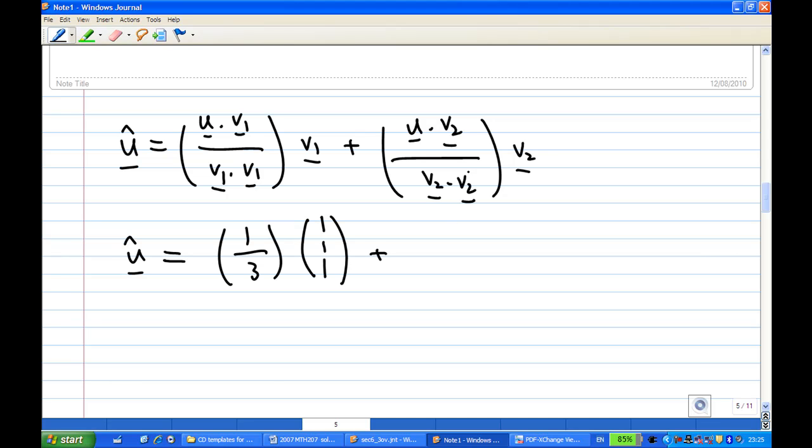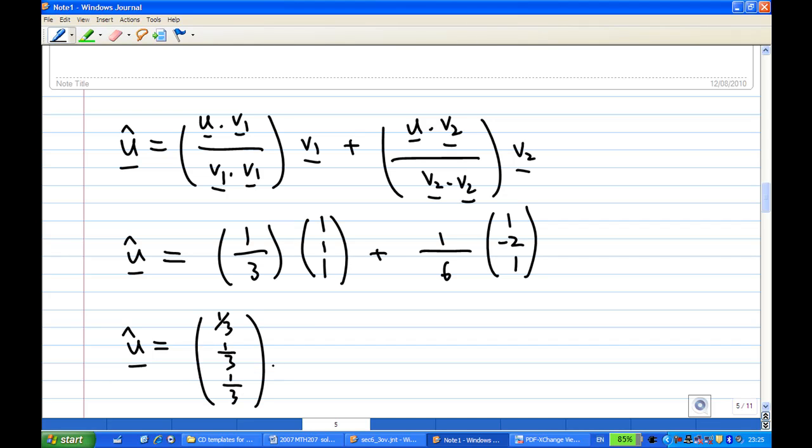U dot V2 is 1, V2 dot V2 we got 6, and V2 is (1, -2, 1). So U cap is (1/3, 1/3, 1/3) plus (1/6, -1/3, 1/6). 1/3 plus 1/6 is what?